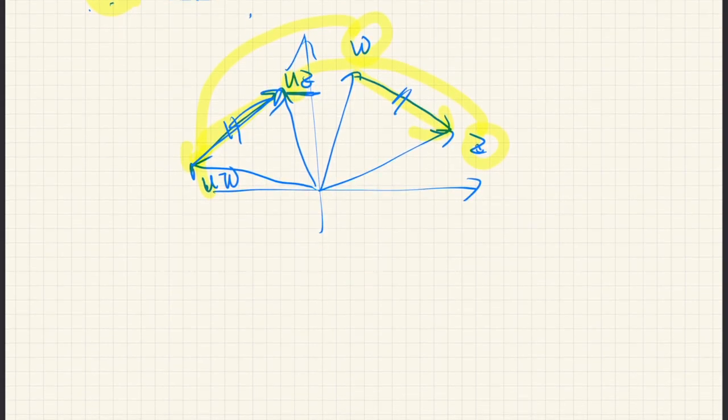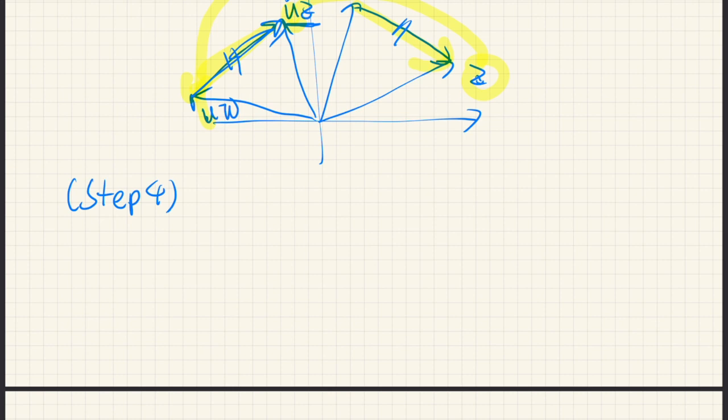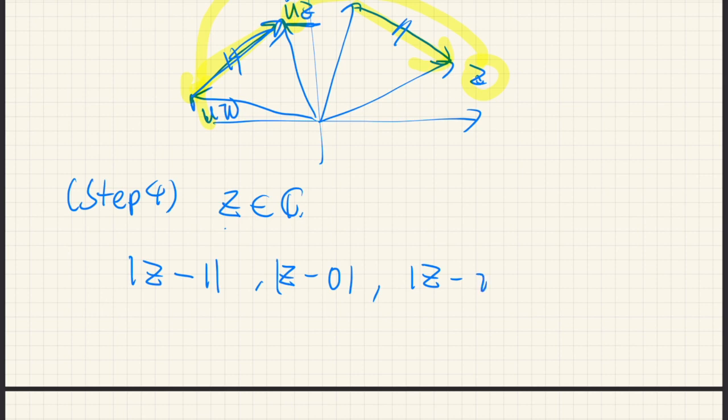Okay, finally step 4, which is a bit involved. For this, we consider the triple of three distances. Let z be any complex number, and we consider the distances from three points to this point. First, the distance between z and 1, the distance between z and the origin, 0, and the distance between z and i.